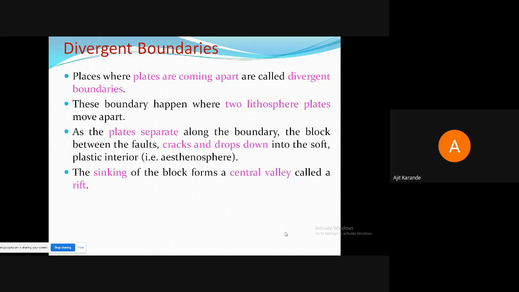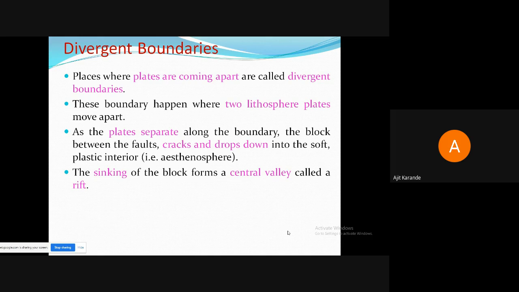And in this valley or rift, new crust is created by upward movement of the molten magma. Because as these plates move apart, in this fault zone a valley is created, and due to creation of the rift, the underlying liquid material, that is molten magma, wells up on the surface.